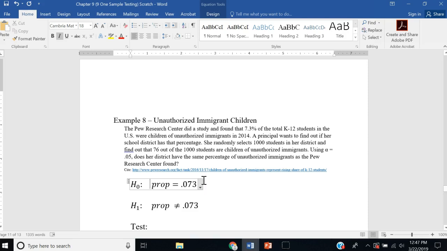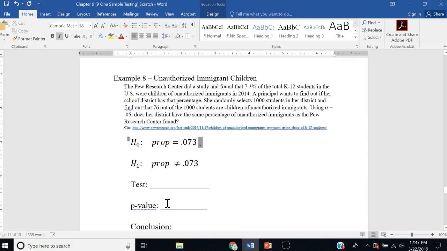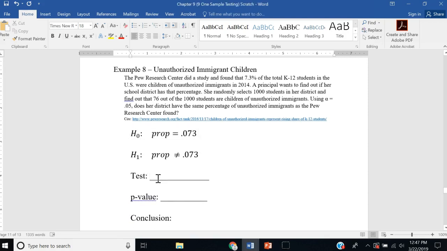All right, you need to write prop when we're talking about proportions, and you need to write mu when we're talking about averages. This is a proportion test, so it's 1 prop z test. If you were to write proportion test, I'd have counted it, that's fine.